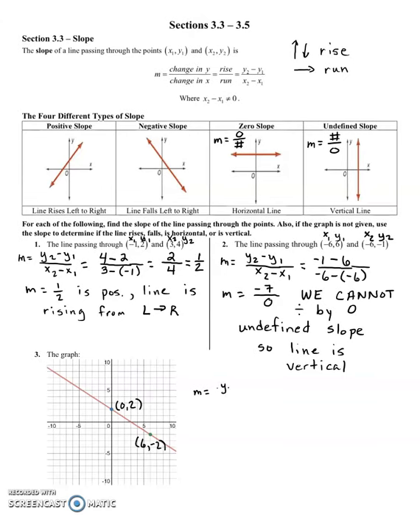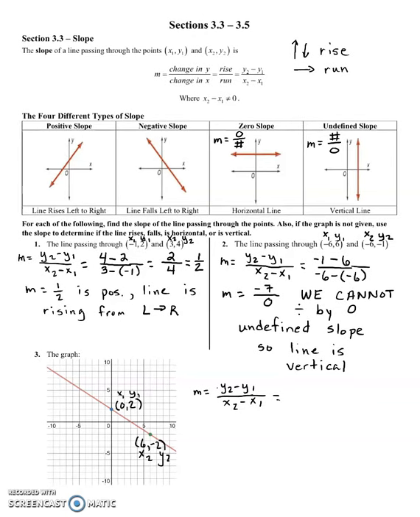So that's y2 minus y1 over x2 minus x1. Now, does it matter which point we label as x1, y1 and x2, y2? The answer to that question is no, it doesn't. So let's see.